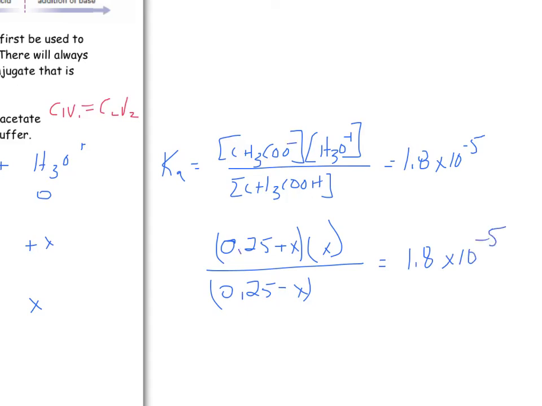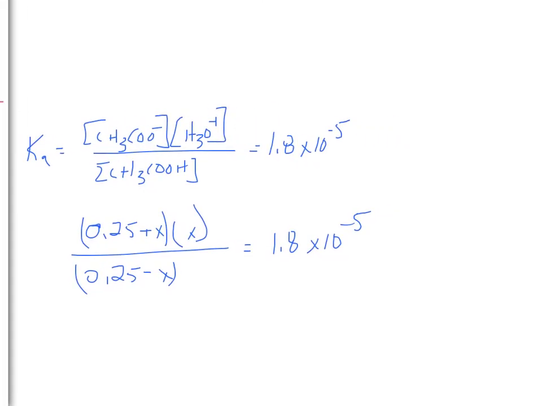Now don't be tempted to cross these two brackets out. They are not exactly the same. But I do want to try to avoid the quadratic formula. If I do my assumption and take my lowest initial concentration, 0.25, and divide it by the constant, that equals greater than 500. That means that if I take 0.25 and subtract x from it, I'll get 0.25.